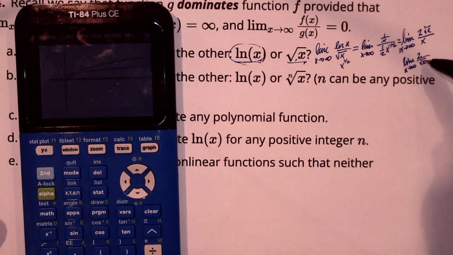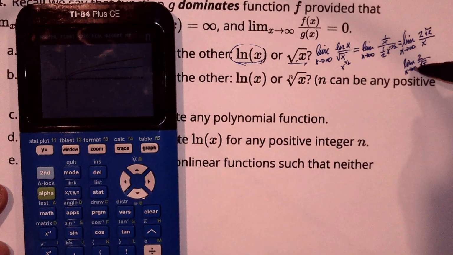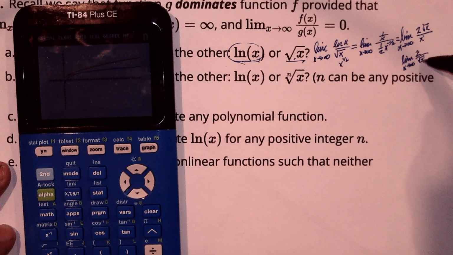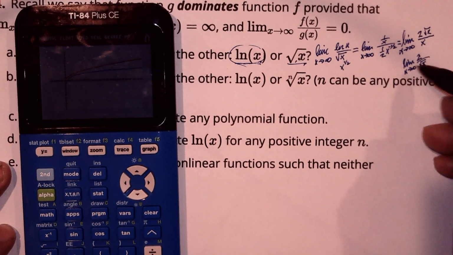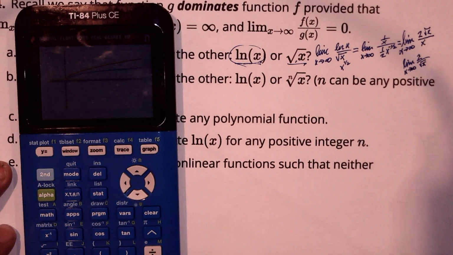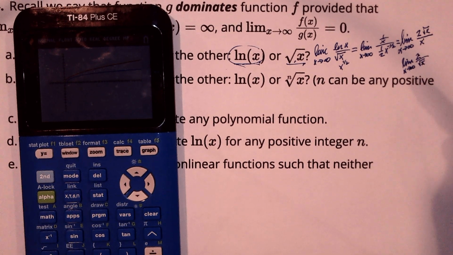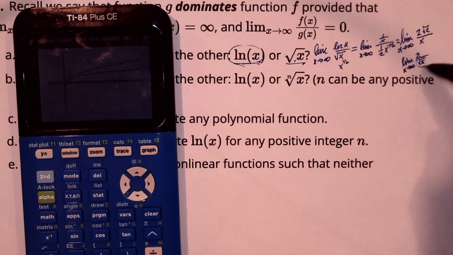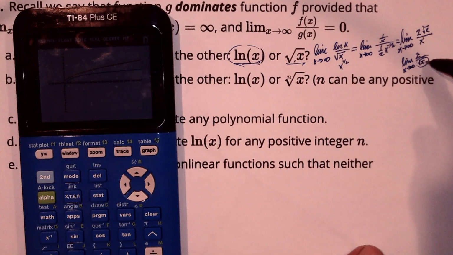And now both don't go to infinity, so we can't do L'Hopital's rule. But this is a constant that's being divided by something that keeps growing larger and larger and larger, slowly albeit, but larger.